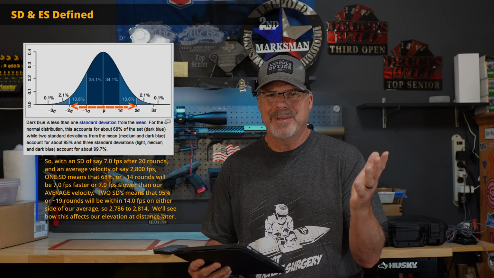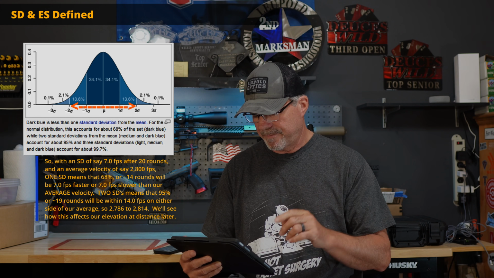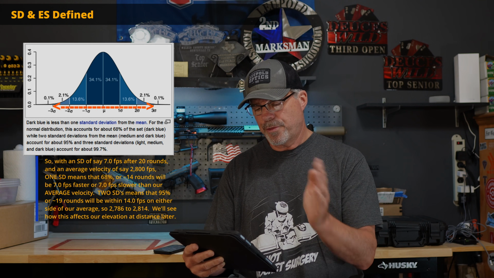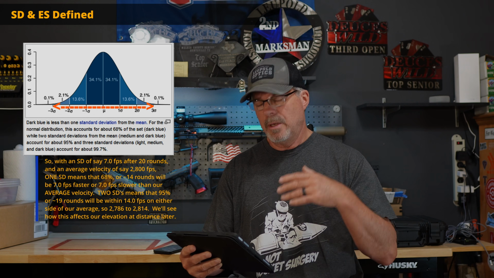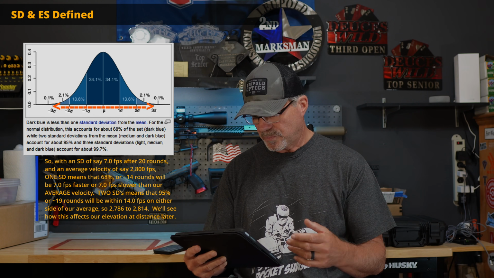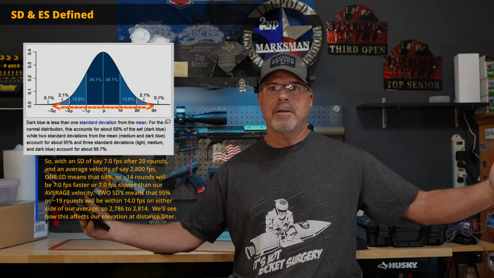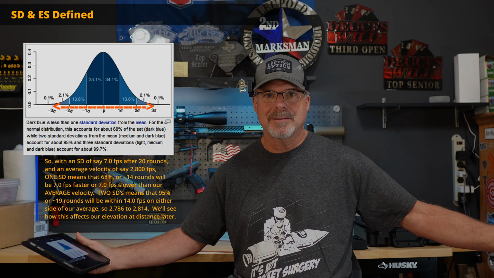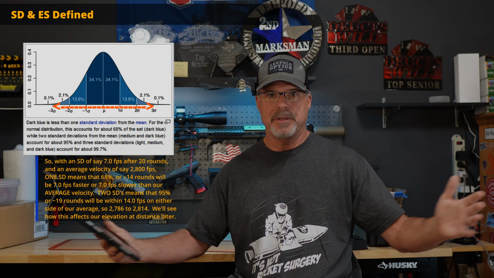What does all this really mean? We're going to see in just a second, in real life. And then you have the final 3 standard deviations out, which means that 99.7% of your shots are within 3 standard deviations.